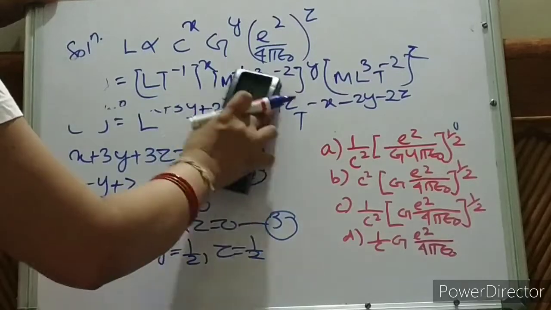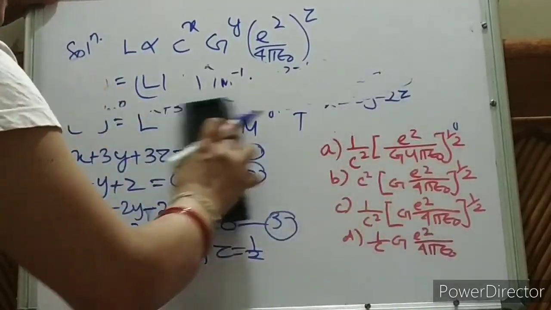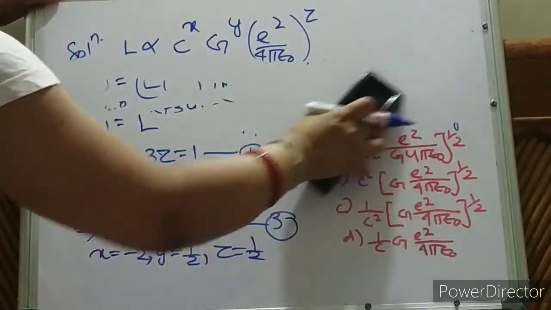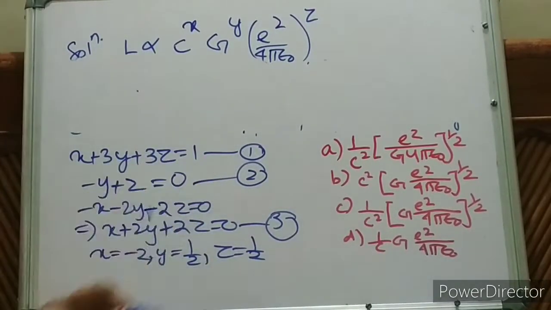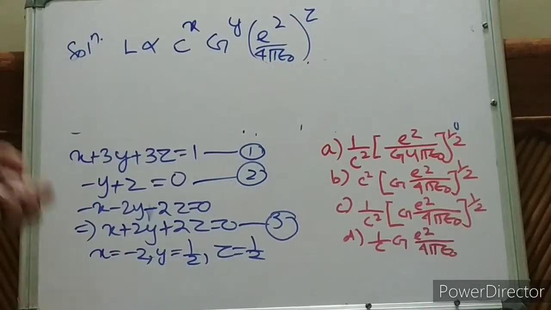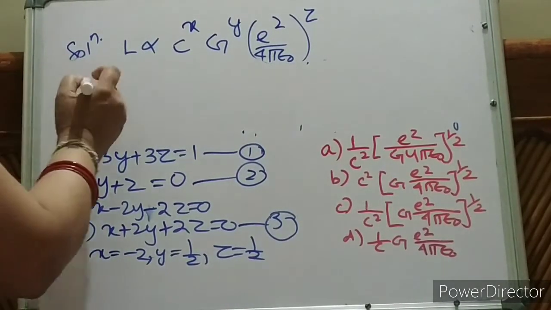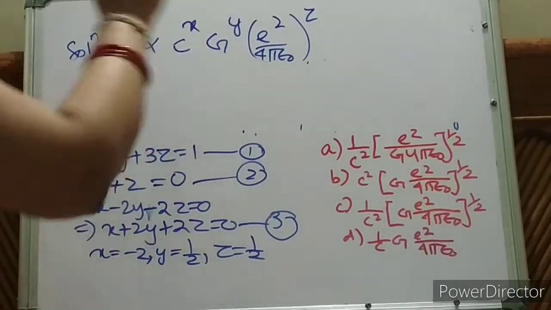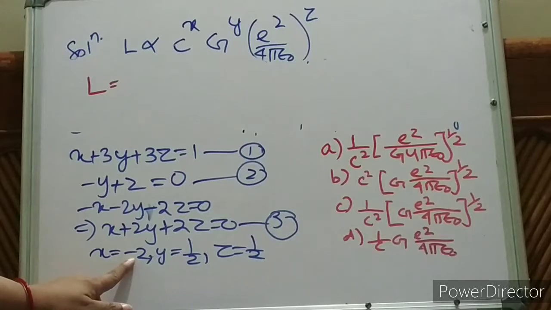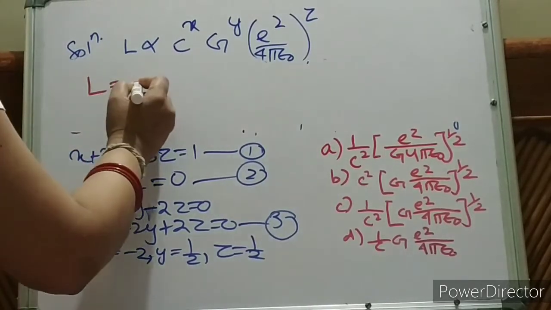So let me write over here the final answer. Solve these three, and on solving you will get this. Let me use a different pen so that you can identify it. Therefore, L is equal to how much, children? L is equal to C to the power X, that means C to the power minus 2.